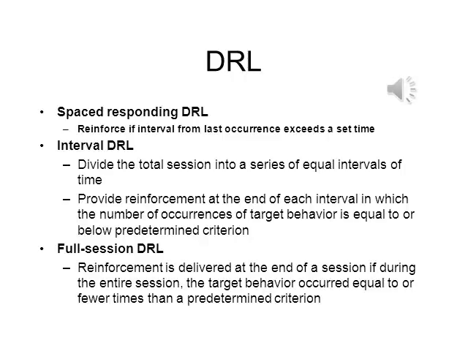In full session DRL, for the whole problem time, say a one hour reading period for example, if problem behaviors are less than some set criterion, then reinforcers are provided. Interval DRL and full session DRL are designed to make certain levels of problem behavior ineffective.